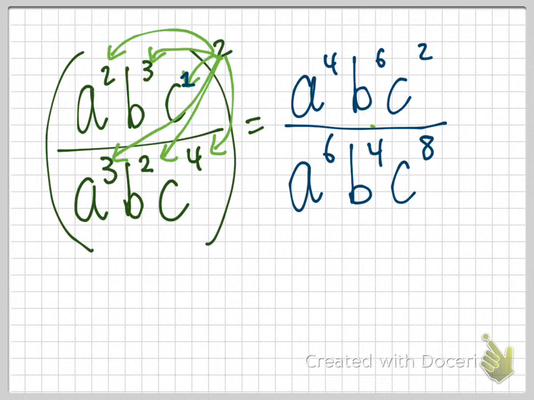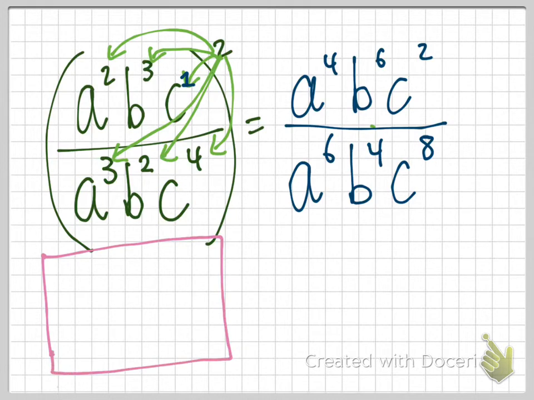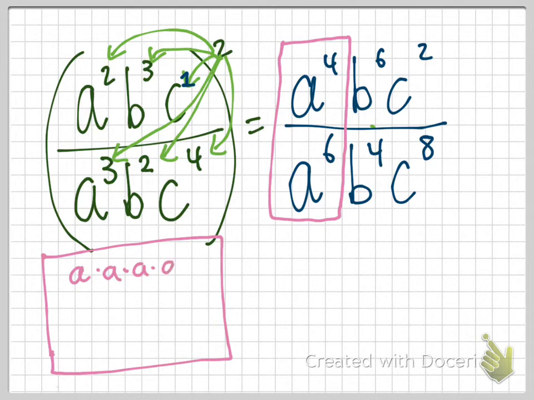Let's do that using our second law. The second law, remember, is the one where we divide indices by minusing their powers. So for example, over here, let's just deal with a to the 4 over a to the 6. And as a refresher, let's write it out in long form. We've got 4 a's on top, and 1, 2, 3, 4, 5, 6 on the bottom.